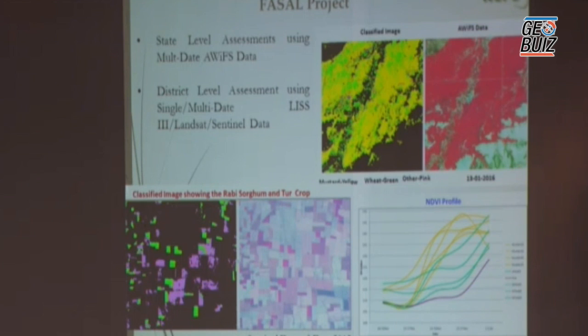In the first 2 forecasts, we give state level forecasts using multi-date AWiFS data. You can see the crop classifications. In the final forecast, we give district level using high resolution data, typically Sentinel data. You can see the tur crop and the sorghum crop are very separately seen in this.